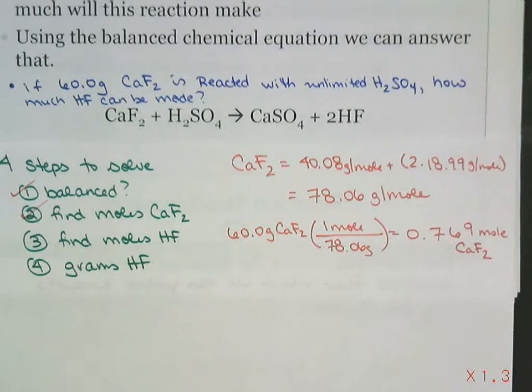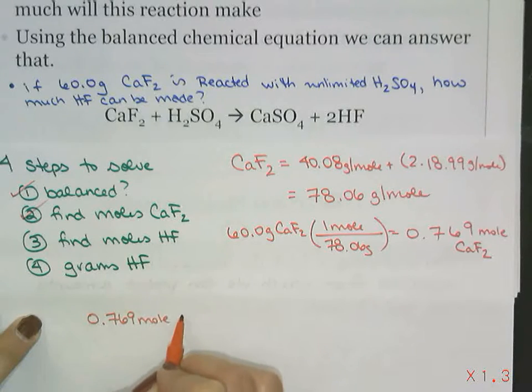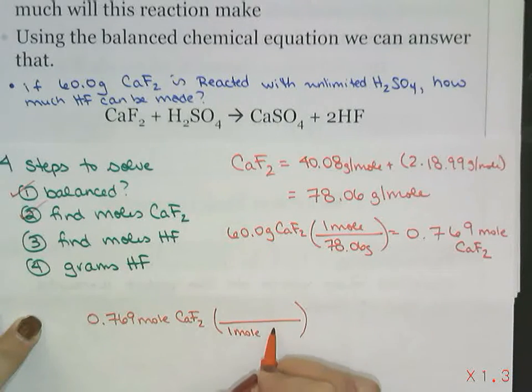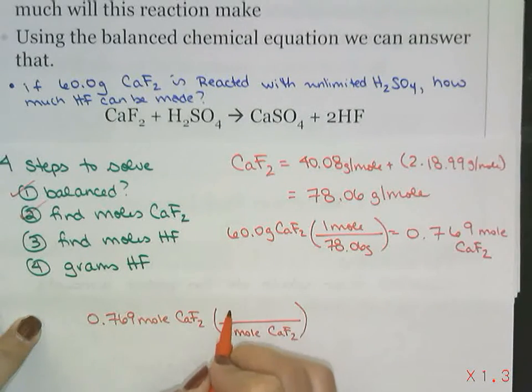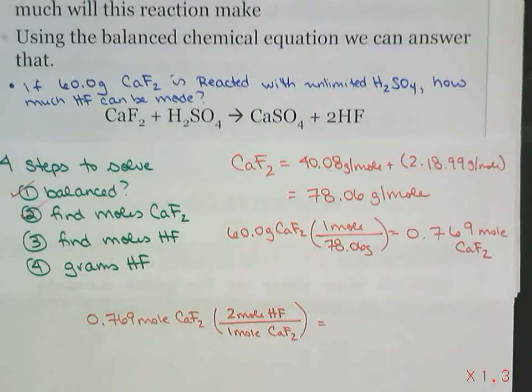So we're going to use it like a conversion factor. How many significant figures do I still get to keep? Still 3.